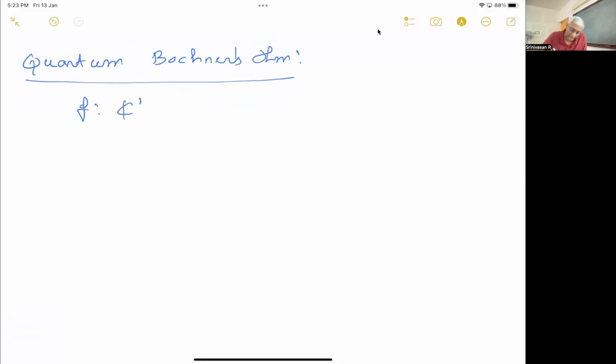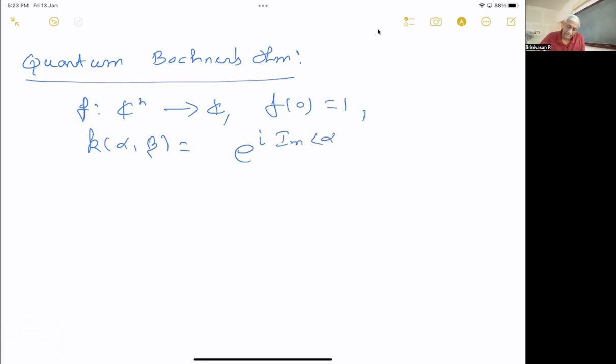F is some function from Cn to C, satisfying the following condition: f of 0 equals 1, and we further have k of alpha beta equal to e power i times the imaginary part of alpha beta, f of beta minus alpha. This is positive definite.